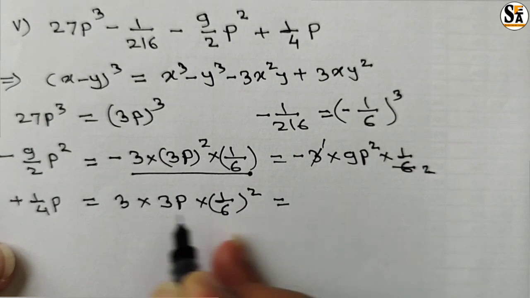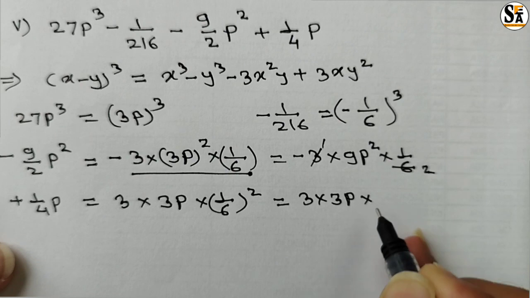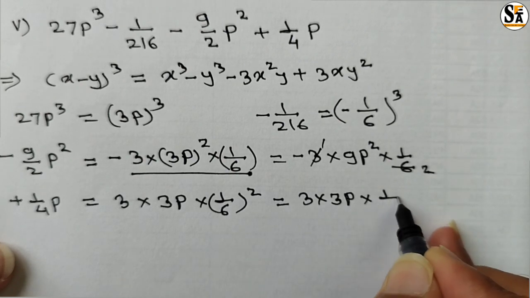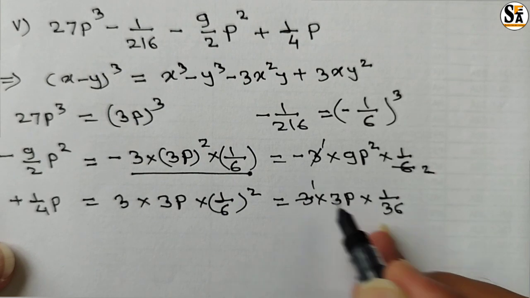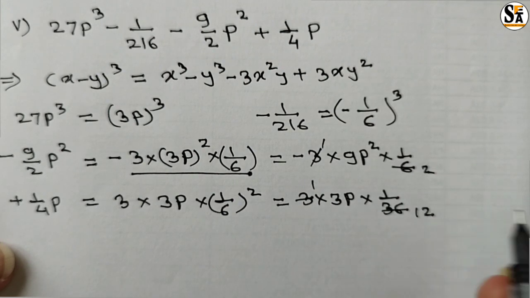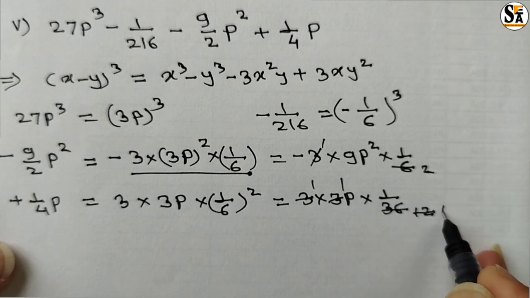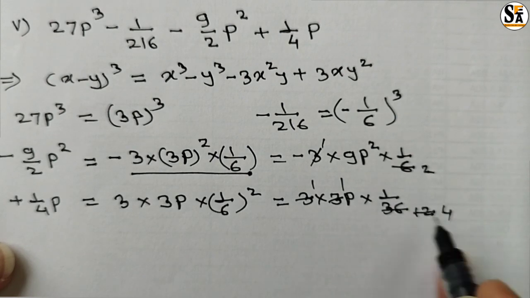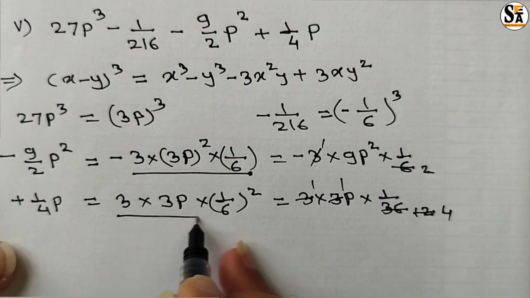If we expand this, we will get 3 into 3p into 1 upon 36, since square of 6 is 36. So 3 on the 3, 3 12 the 36, and 3 on the 3, 3 4 the 12. So 1 upon 4 into p. So this term 1 upon 4p we can write like this.